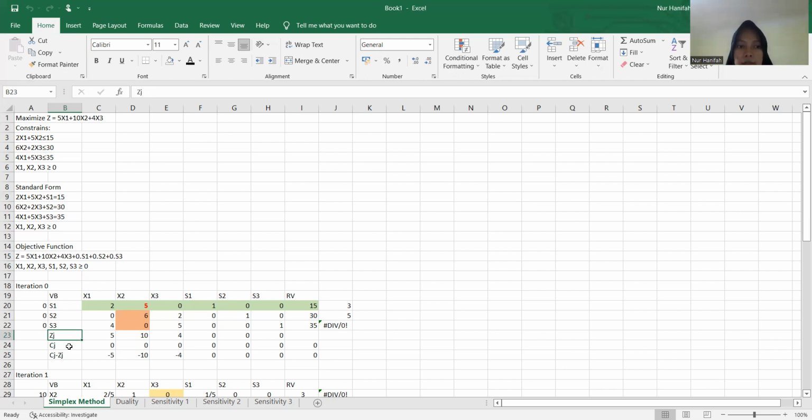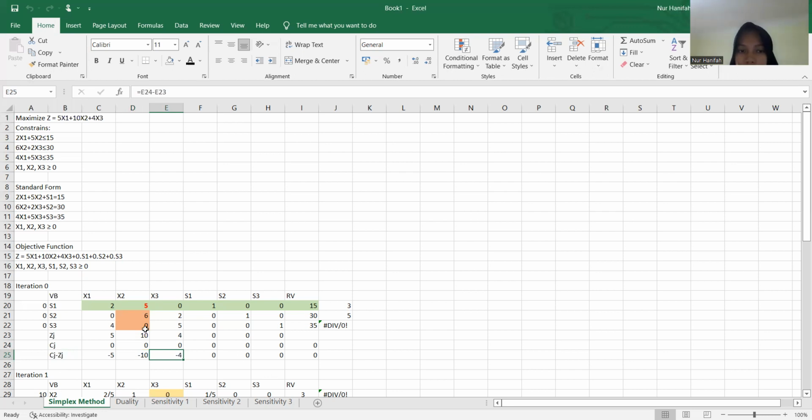And then we compute 0 times 2 plus 0 times 0 plus 0 times 4 equal to 0, and also the other columns. And then we subtract, Cj minus Zj, and then it equals -5, -10, -4, and so on.